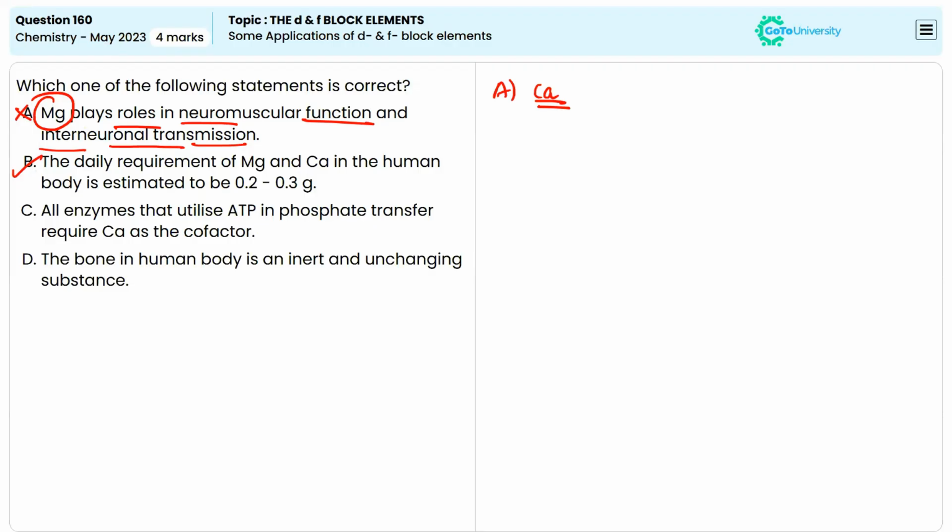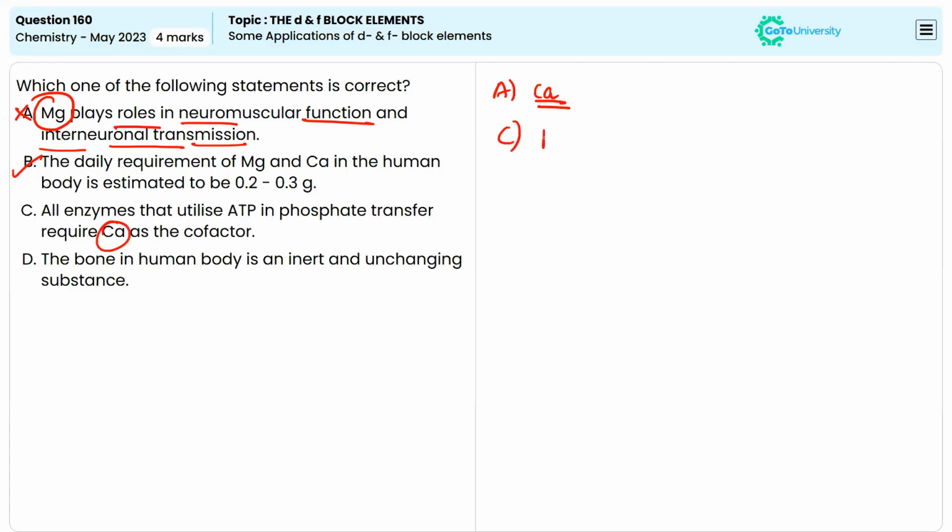If you check the other options, in C it is given that all enzymes that utilize ATP in phosphate transfer require calcium as the cofactor. This is also incorrect because every enzyme that uses ATP for phosphate transfer needs magnesium as the cofactor, not calcium.